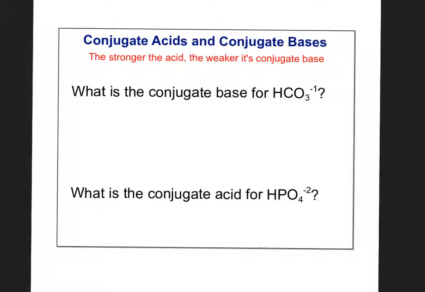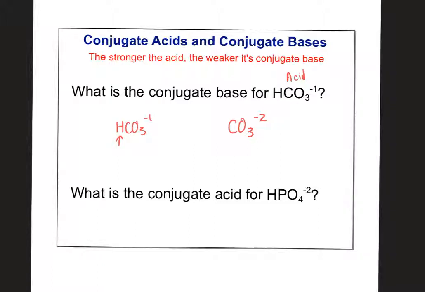So this one, just a little practice with that. What is the conjugate base for HCO3 with a -1 charge? So this is going to be our acid because I'm asking for the conjugate base. So if the acid gives up this H+, that means it's gone, it donates it, so we're left with the CO3, and now it has another negative charge, so a -2 overall.